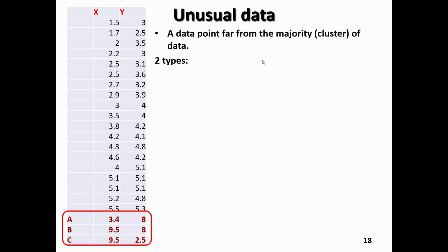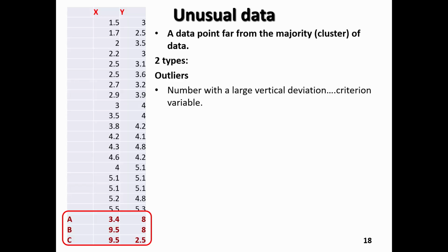There are two types of unusual data. The first are referred to as outliers. An outlier is an unusual data point on the criterion variable, or the outcome variable. These are data indicated by a large vertical deviation away from the main cluster of data.